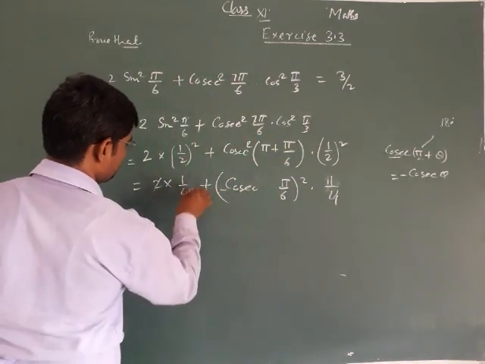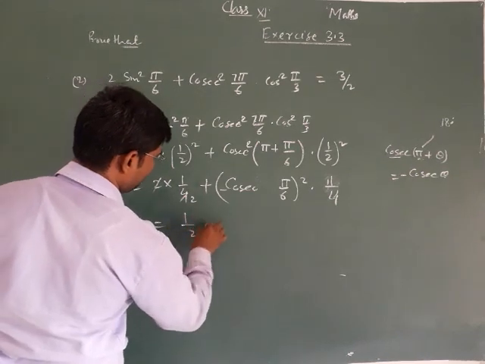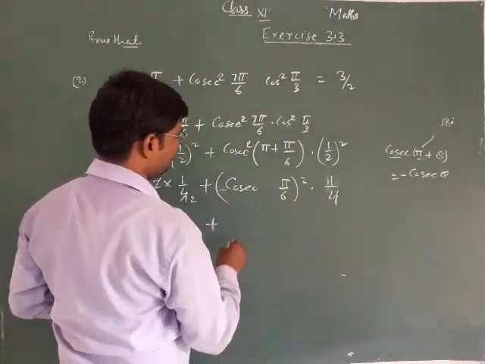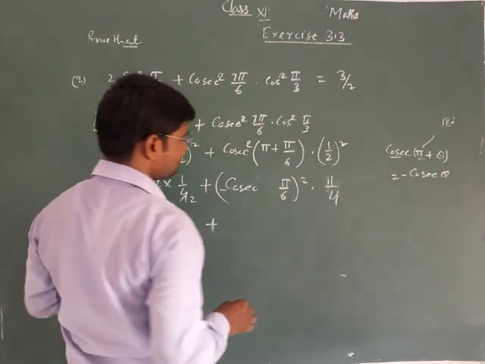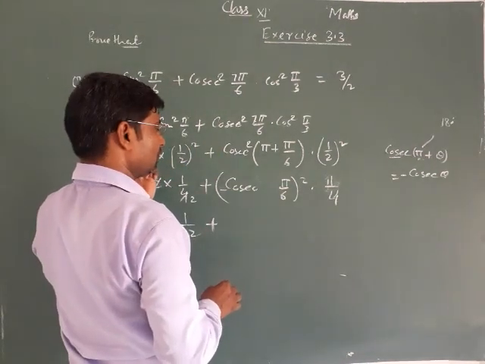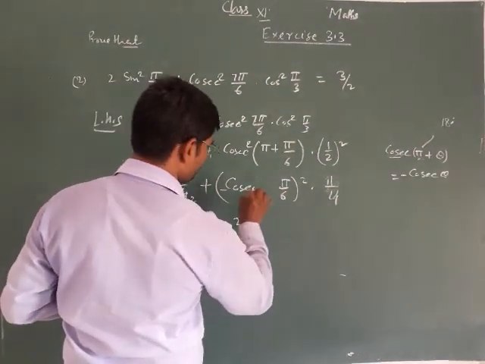So this is 1/2 plus, cosec π/6, so cosec 30 is 2.